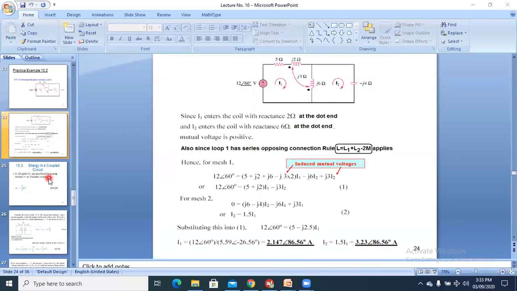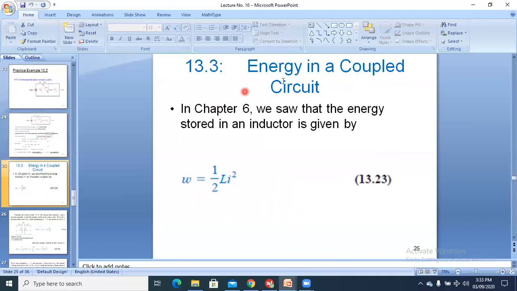Now, today we start the new topic, energy in a coupled circuit. For this, we know the energy stored by an inductor. We already learned that the energy stored by an inductor can be calculated by this formula, 1 by 2 L i square.